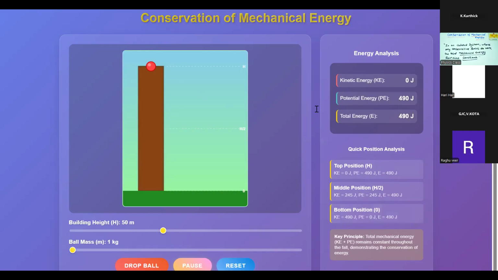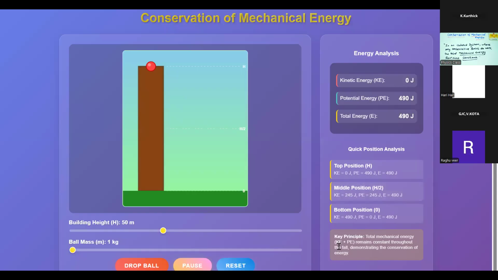At the top position, kinetic energy is 0, as we already know. Potential energy is 490 joule, which is mgh. So total mechanical energy E is equal to 490 joule. In the middle position, at half the height, h by 2, kinetic energy is 245 and potential energy is 245. Then also total mechanical energy is 490 joule.